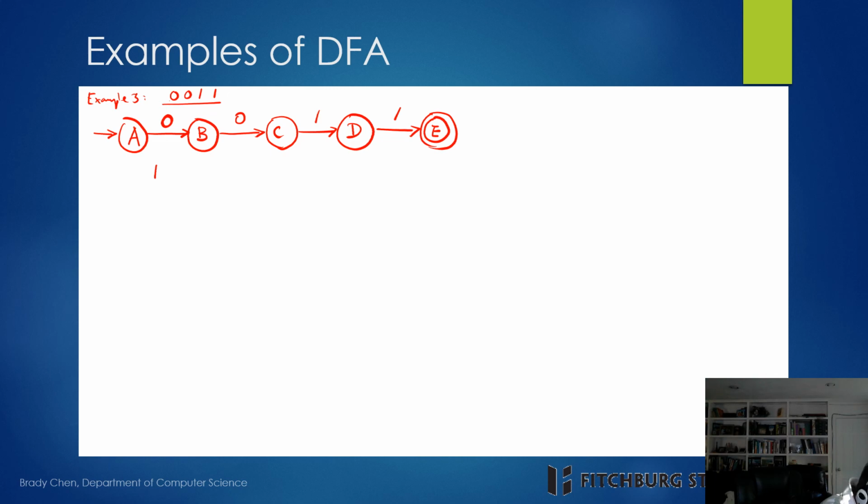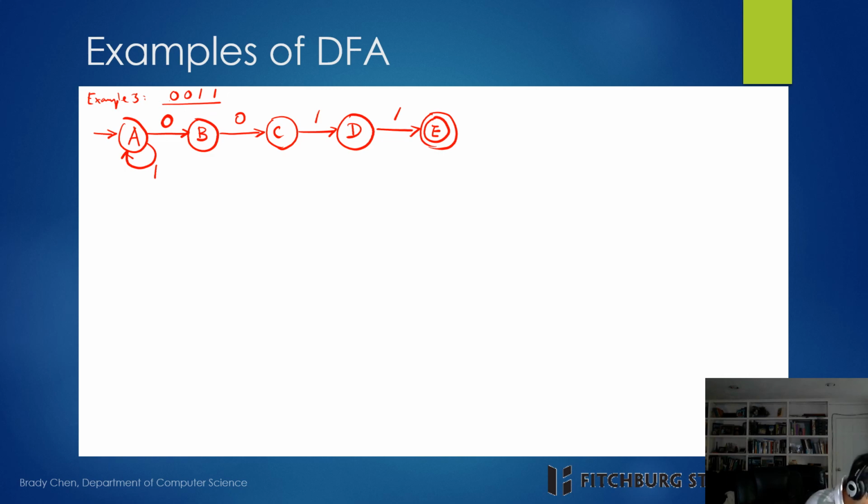So what we're going to do is, okay, that's fine. We can wait until we get 0, right? So if the first input character is 1 when the initial state is A, then we stay with A. We are kind of patient. We just stay with A until we get a 0, right?